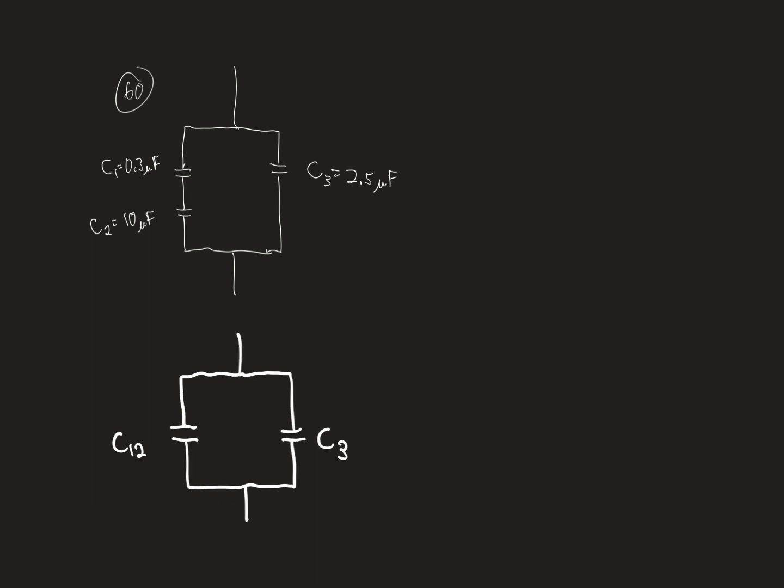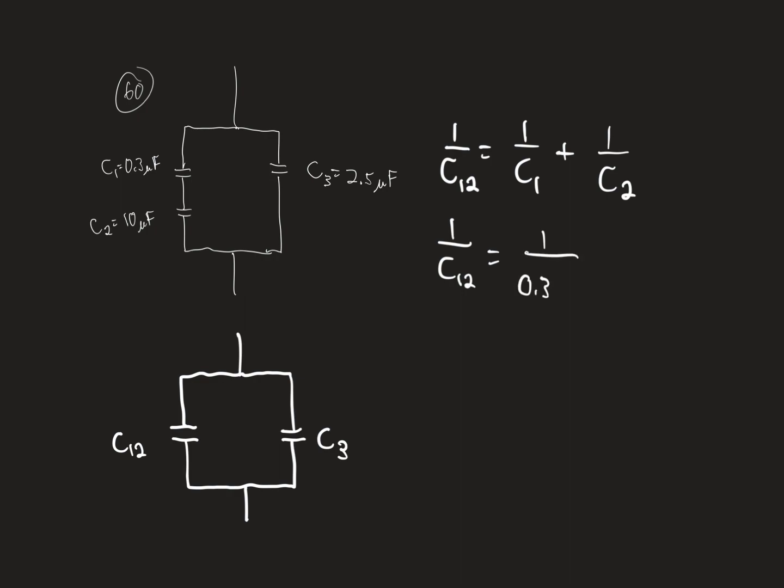Okay. C1 and C2, to combine them together, how do I add them? Are they in series or parallel? Series. So what equation would I write down to combine those together? Do I add them normal or weird? I add them weird. So I have 1 over C12 equals 1 over C1 plus 1 over C2. So 1 over C12 equals 1 over 0.3.